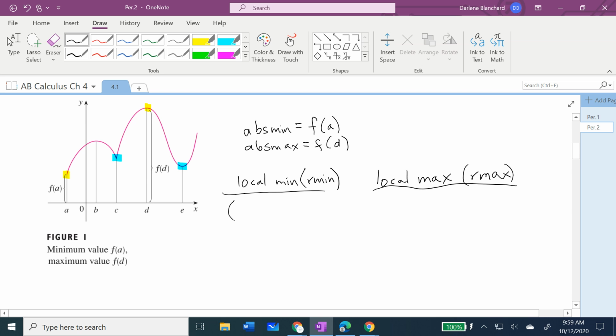So local minimum, C, comma, f of C, the point, and E, comma, f of E. Those are 2 points that are local or relative minimums. Do you see your local maximums?